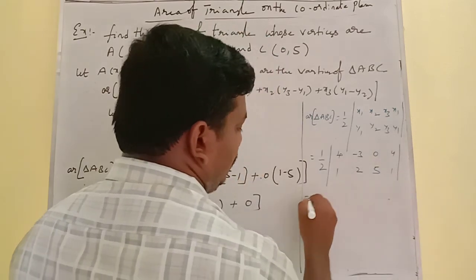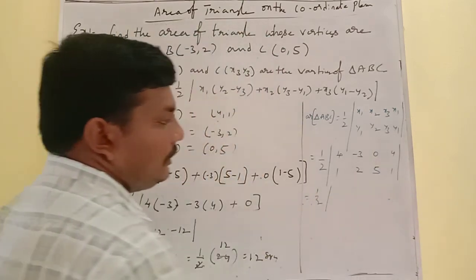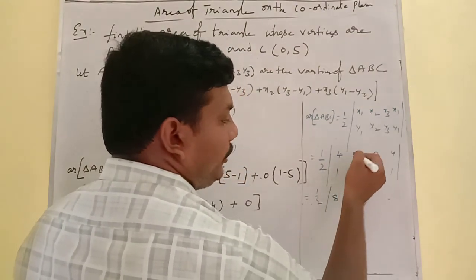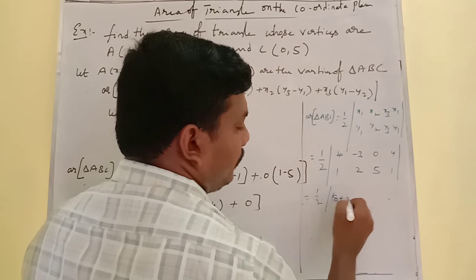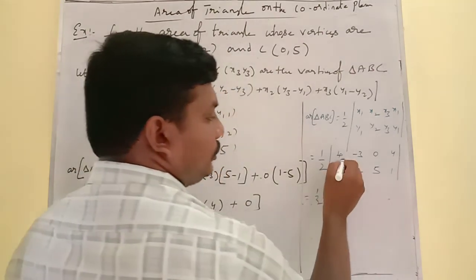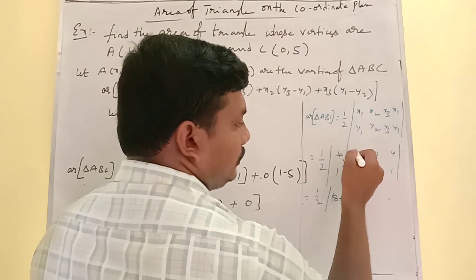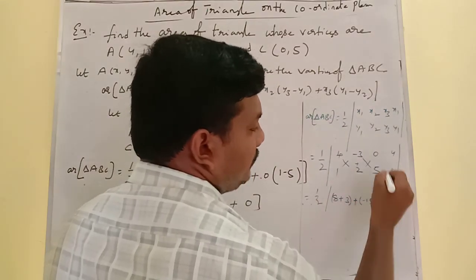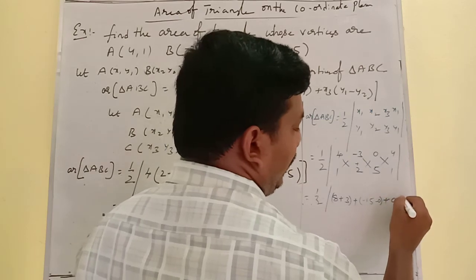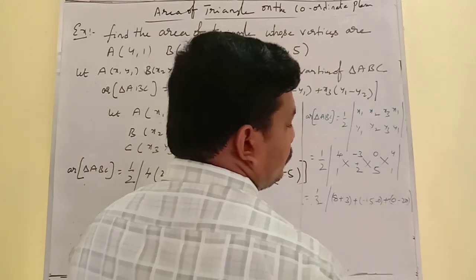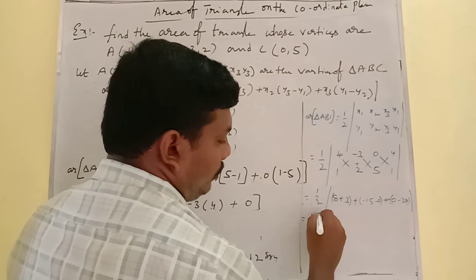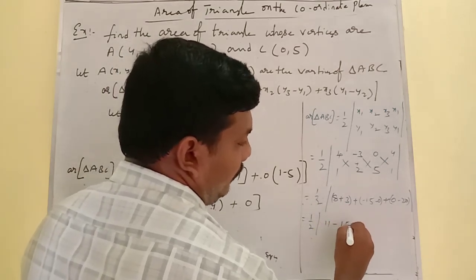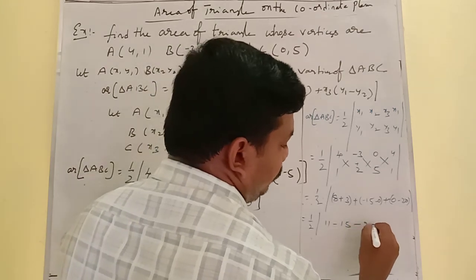Now 4 into 2 is 8, minus 1 into minus 3, which is plus 3. These two are completed, plus these two: 3 into 5 is 15, minus 15, minus 0, plus these two, 0 minus 20.